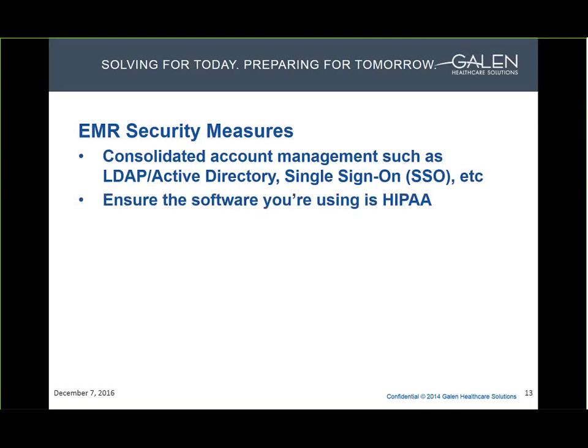So one group typically is best to do this account management. And having those in place, you want to make sure that you're within HIPAA compliance also, which having tightly secured account access is part of.